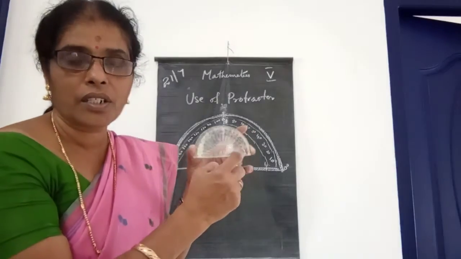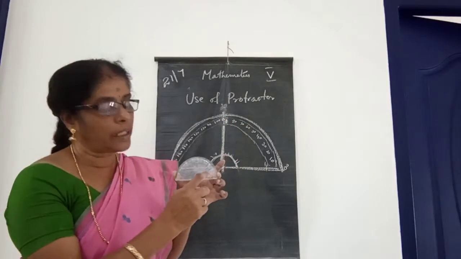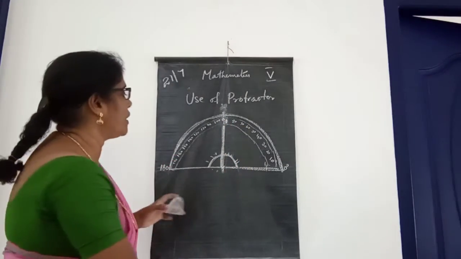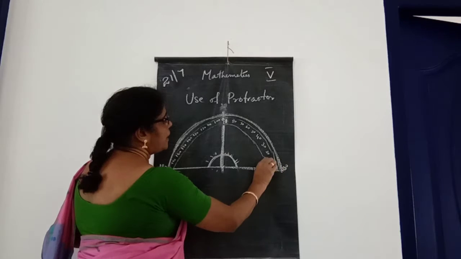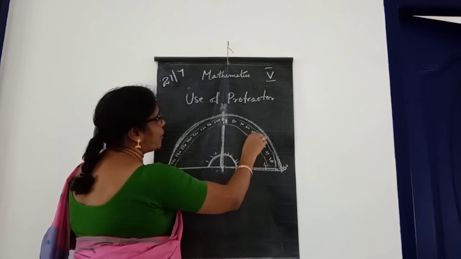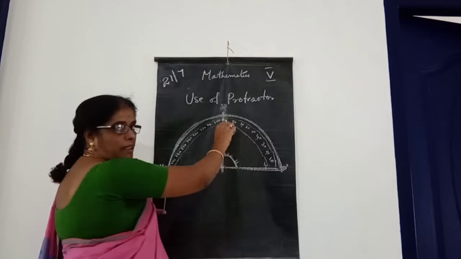Here 0 degree is starting, then 10 degree, 20 degree, 30, 40, 50, 60, 70, 80 degree.